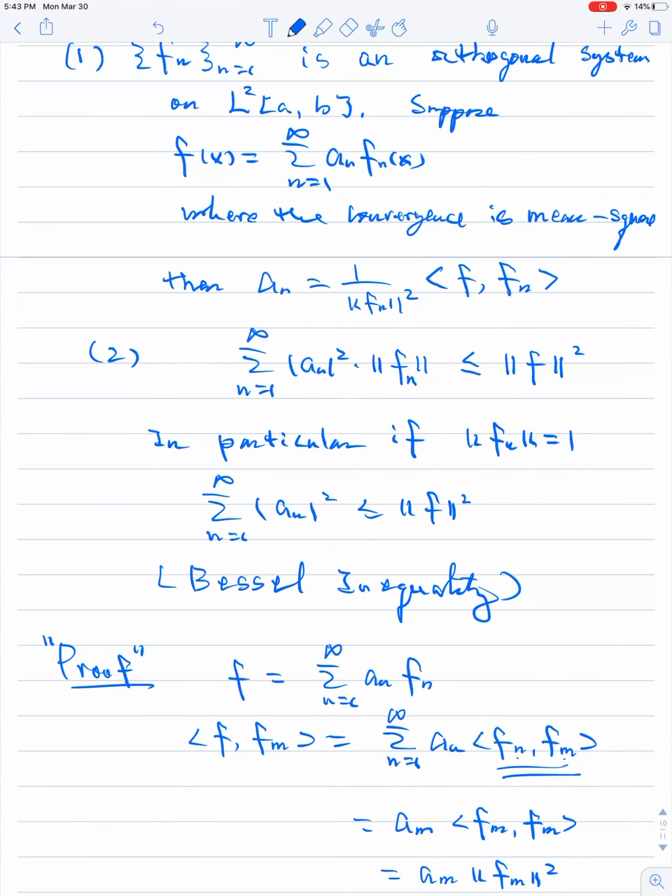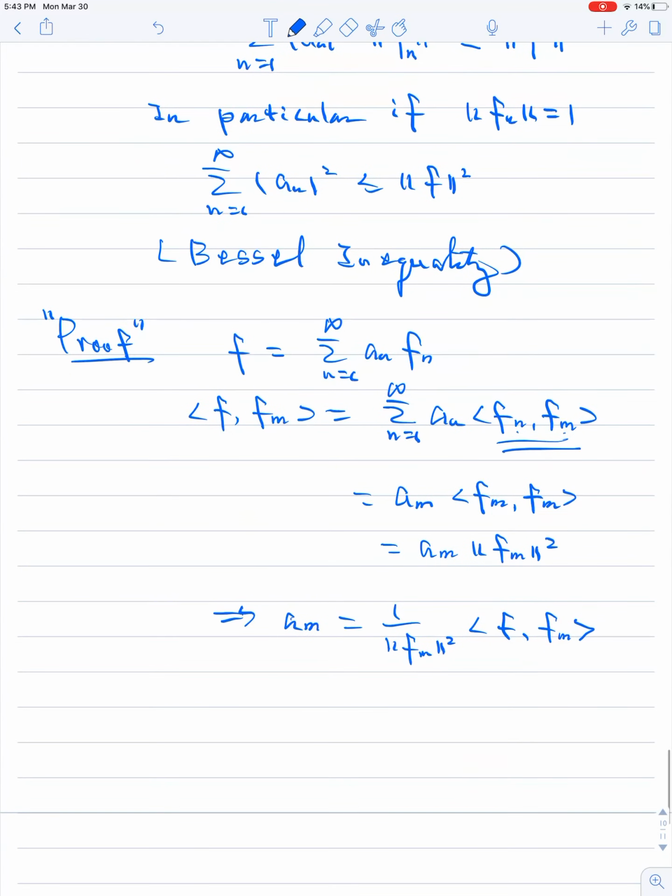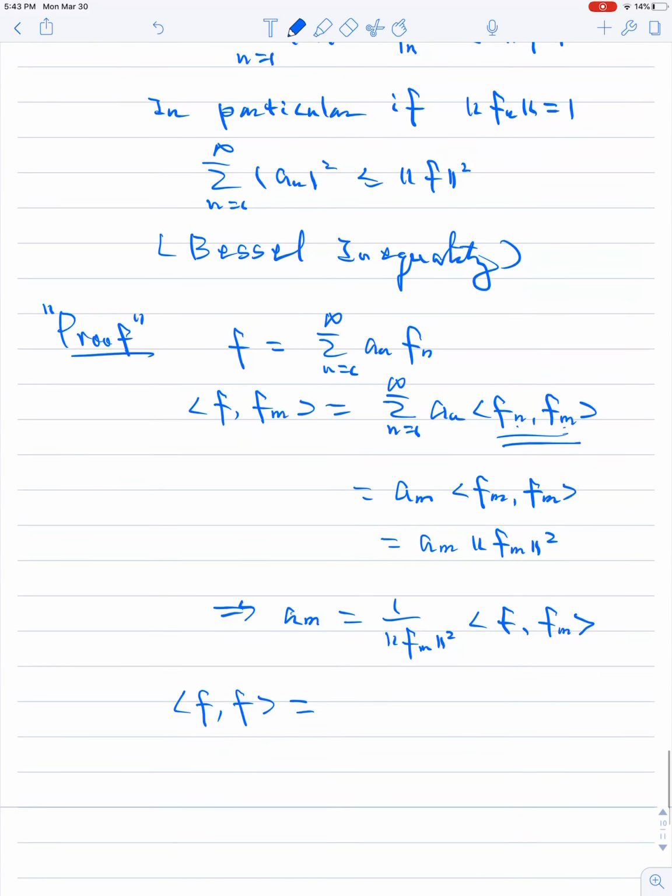Now, how about Parseval's theorem? If you look at the inner product of f with itself, that would mean you have the sum of a_n f_n, and this other sum I will write as a_m f_m. This is a dummy variable, I can change it to whatever I want.